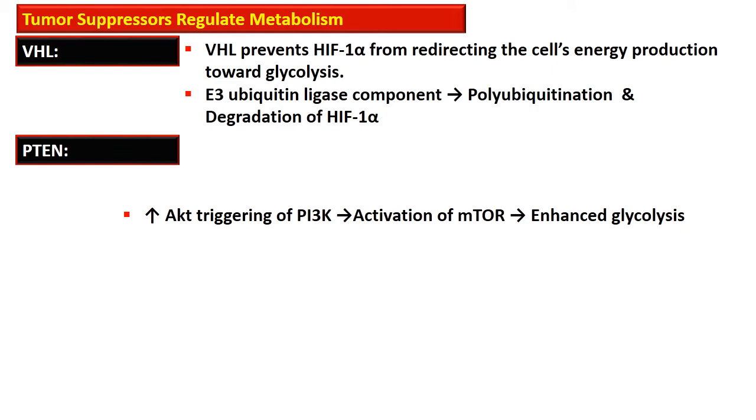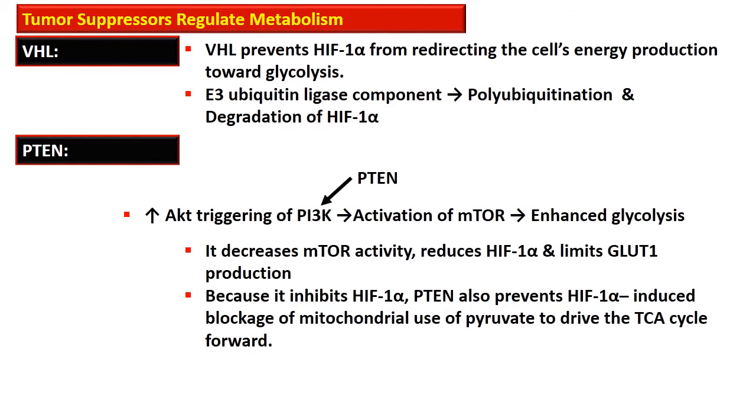Next is PTEN activity, as the activation of mTOR will result in enhanced glycolysis, that is the result of AKT triggering through phosphatidylinositol 3 kinase, and phosphatidylinositol 3 kinase is blocked by PTEN, that is phosphatase and tensin homologue.